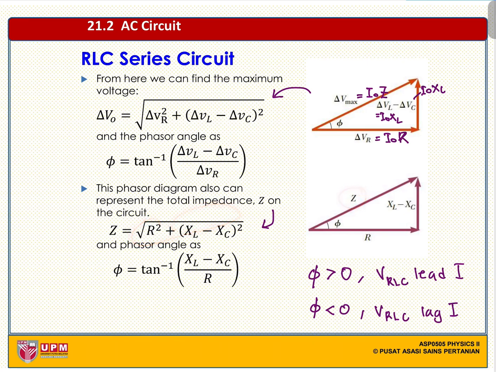We call this Z the total impedance. The total resistance of all the three elements in the circuit.